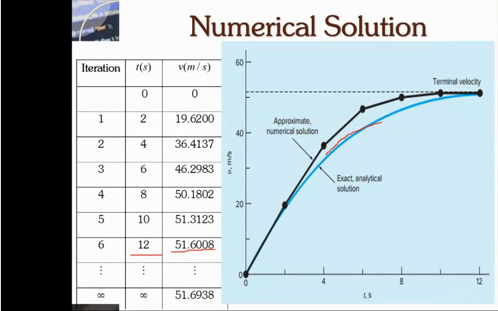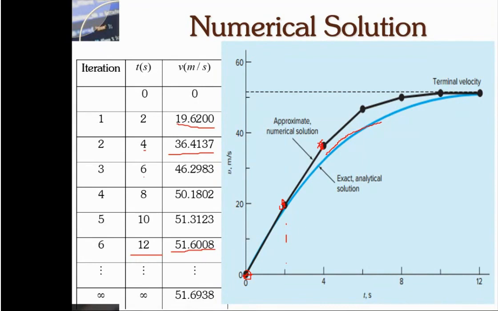At time 0, velocity is equal to 0. At time equal to 2 seconds, we have 19.62, and that is our 19.62. At time 4 seconds, we have 36.41, and this is our 36.41.